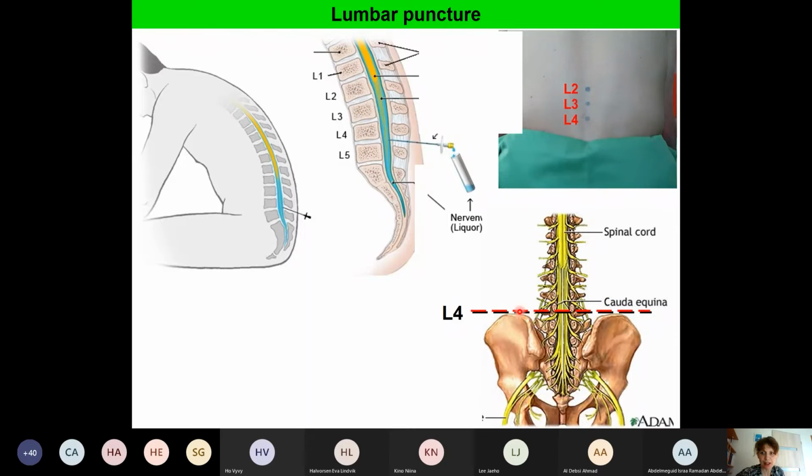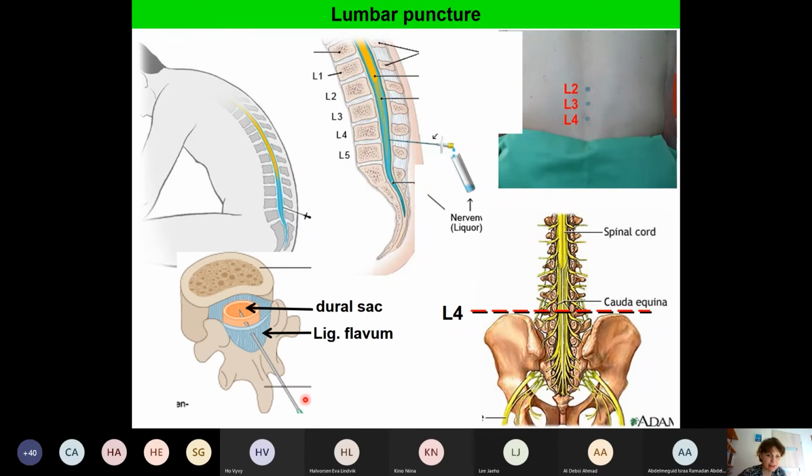You can see here how to find this lower area of the spinal canal. It can help if you connect the two iliac crests with each other, then you will be at about the level of L4, because this intervention must be made between L2 and L4, where we do not have any spinal cord anymore, only these nerve root bundles.